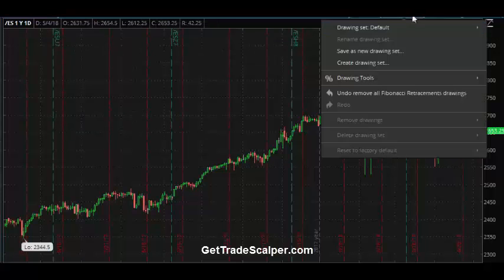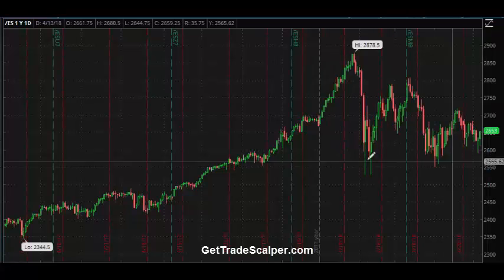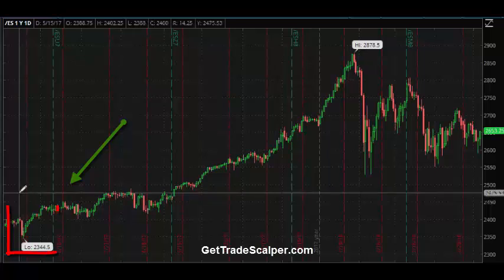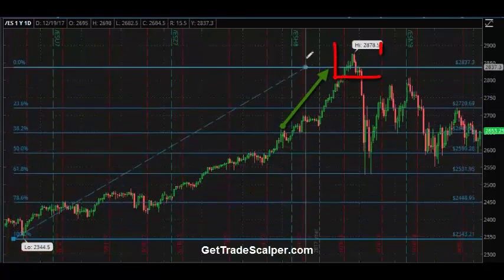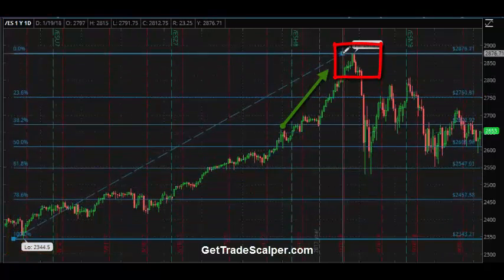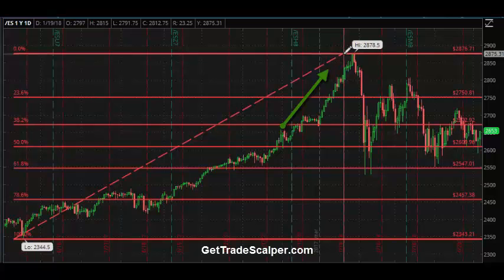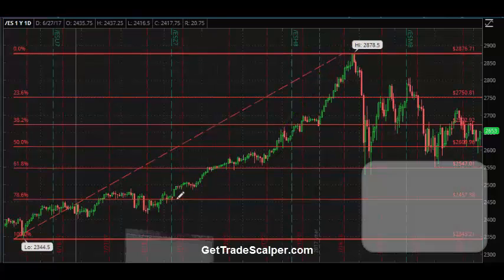I have the drawing tool here. We'll grab the Fib retracement, and we'll grab a significant low point there, and a significant high point there.